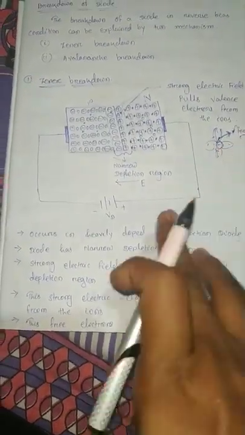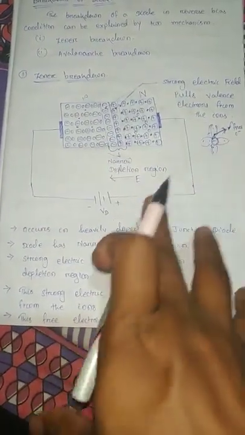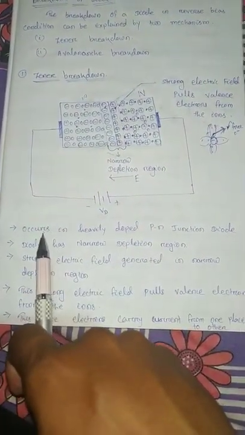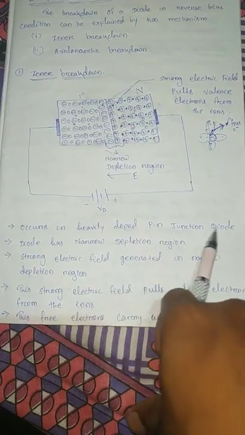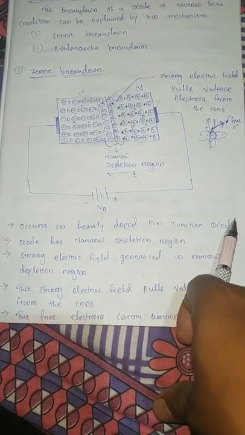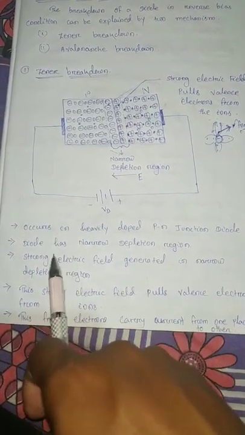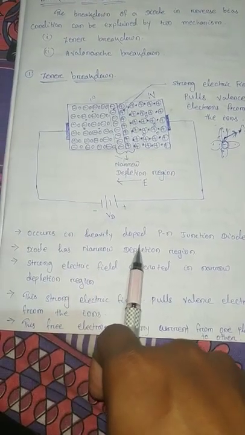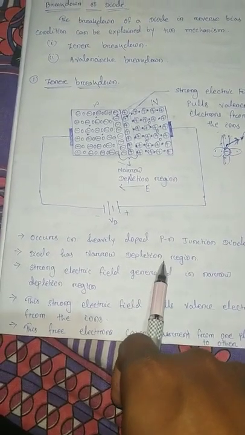So as we discussed, Zener breakdown occurs in the heavily doped p-n junction diode. Due to this heavy doping, the diode has a narrow depletion region.